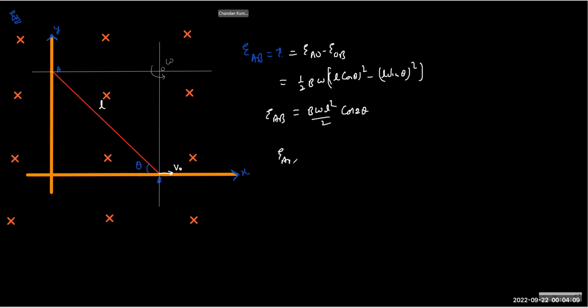So the EAB turns out to be this, and omega we can write as V naught by L sin theta. We have done this before in the chapter of rotational dynamics. Yes. Okay. Yes, sir.